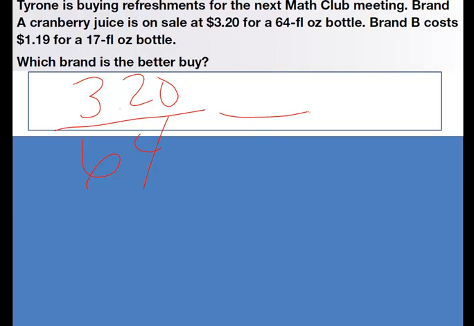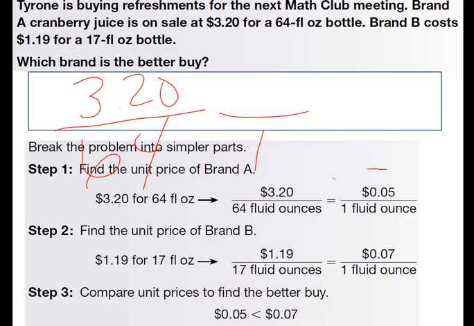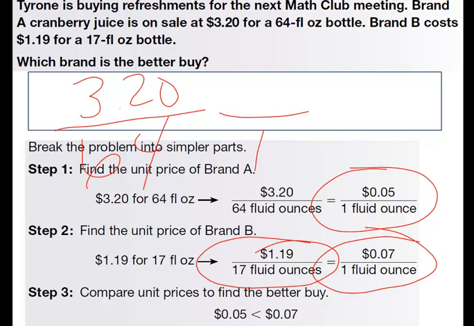So you're just going to divide, cross multiply, divide by 64, and you're going to find out that brand A averages 5 cents per fluid ounce. And then you do the same thing for brand B. You take your $1.19 divided by 17 to figure out that it's 7 cents an ounce. So obviously the better buy is brand A, because it's 5 cents instead of 7.